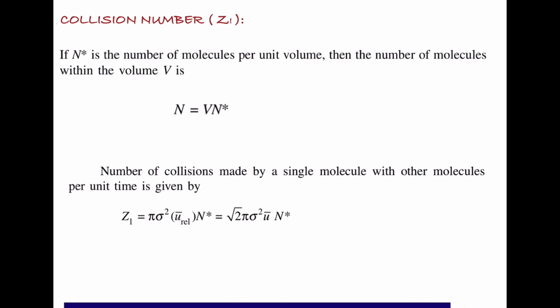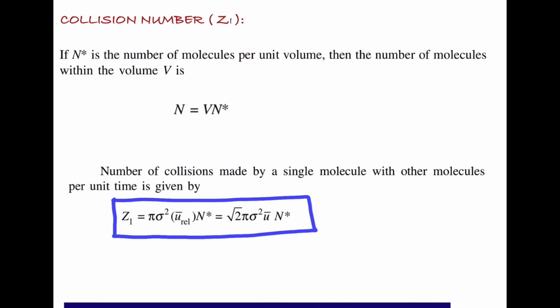Already we expressed the volume of collision cylinder as pi sigma square relative velocity, and relative velocity is root 2 into U average. Therefore Z1 is equal to root 2 pi sigma square U average into n star.